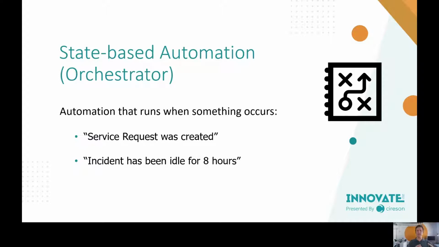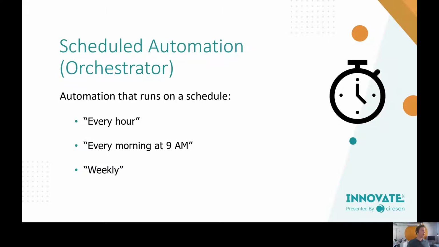So these are your state-based, always running. Then you've got your scheduled automations. These are typically your monitor date and time activities within a runbook. So they are waiting to run on whatever that particular schedule is. So maybe every hour, every 5 minutes, every morning, weekly.